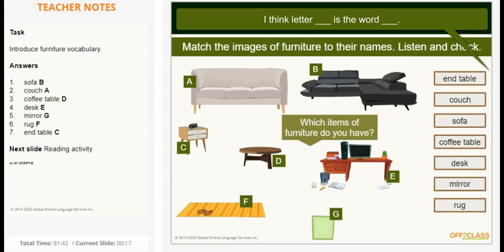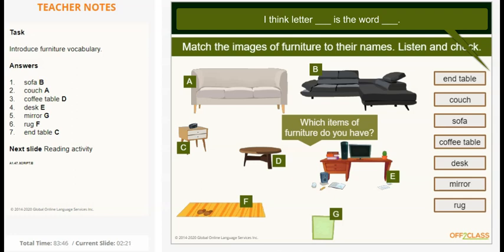More furniture. Match the images of the furniture to their names. Listen and check. So we have end table, couch, sofa, coffee table, desk, mirror, rug.